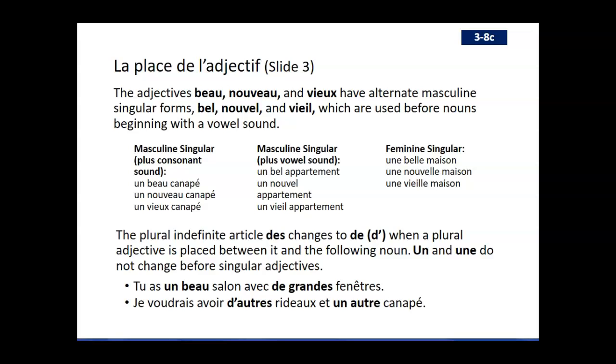Je voudrais avoir d'autres rideaux. I would like to have some other curtains. Et un autre canapé. In the case of un, this is not des, so I don't need to change anything. So, and another couch. So I would like to have some curtains and another couch. Okay, so un and une do not change before singular adjectives. So des becomes de. That's the one exception we have here.